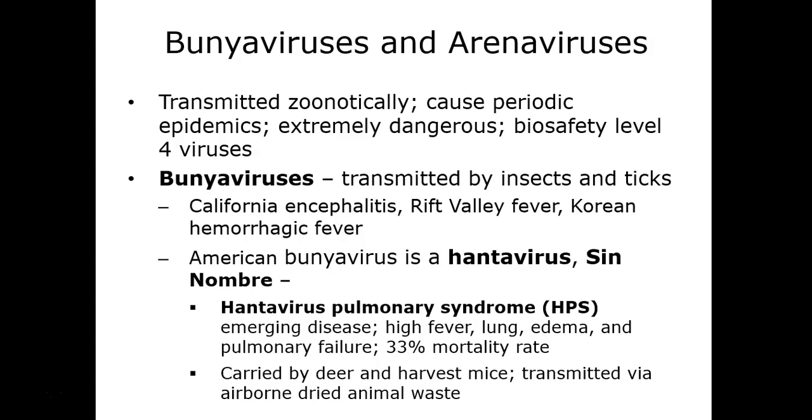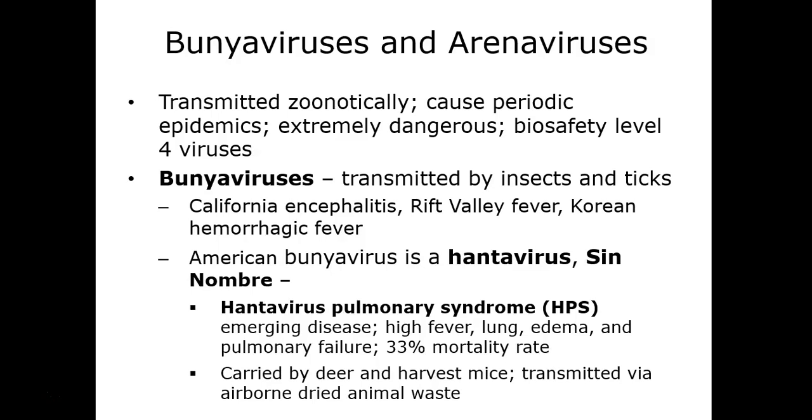The Bunya viruses are transmitted through insects and ticks, and can cause a series of infections, things like Korean hemorrhagic fever, California encephalitis, Rift Valley fever, and also one that we know of is hantavirus, also known as the Sin Nombre hantavirus. This causes a pulmonary syndrome that involves not only a high fever, but also a flooding of your lungs with fluid.